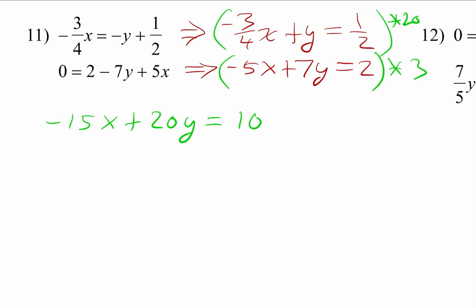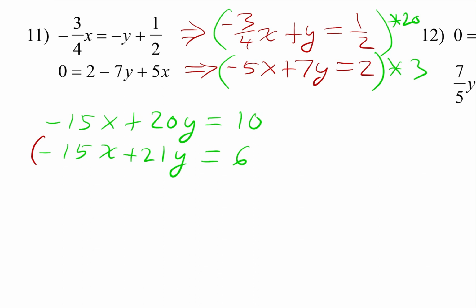And on the other equation, I have negative 15x plus 21y equals 6. All right, now notice I have the exact same coefficient with the exact same sign. Had I wanted to, I could have made one of these negative so I could add, but we've done a lot of adding, so I wanted to throw in a subtract.